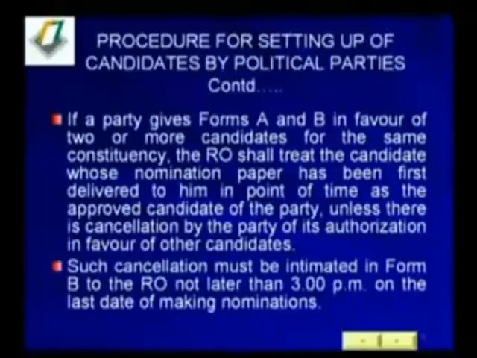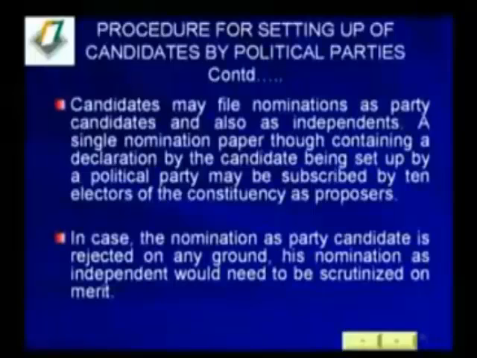That I have already explained, that a situation may arise where the same party may be having more than two candidates. Then this change, cancellation must be received by 3 p.m. And this also I have told you, that a person in the same nomination paper may fill the first part, saying I am set up by this party.